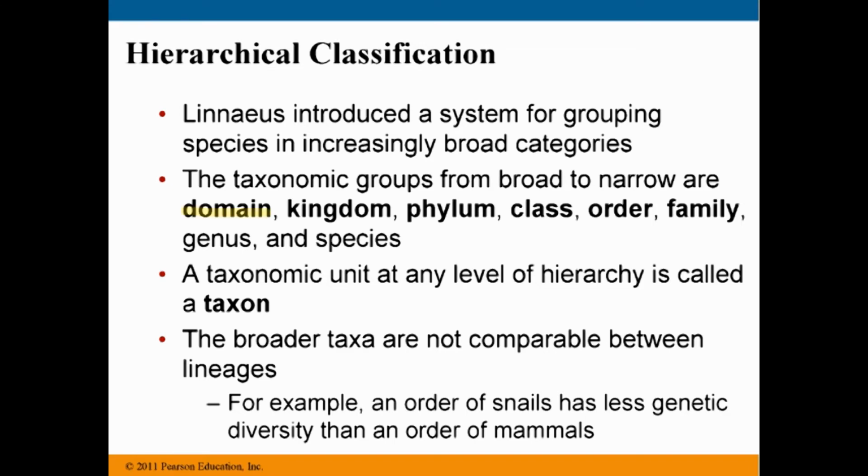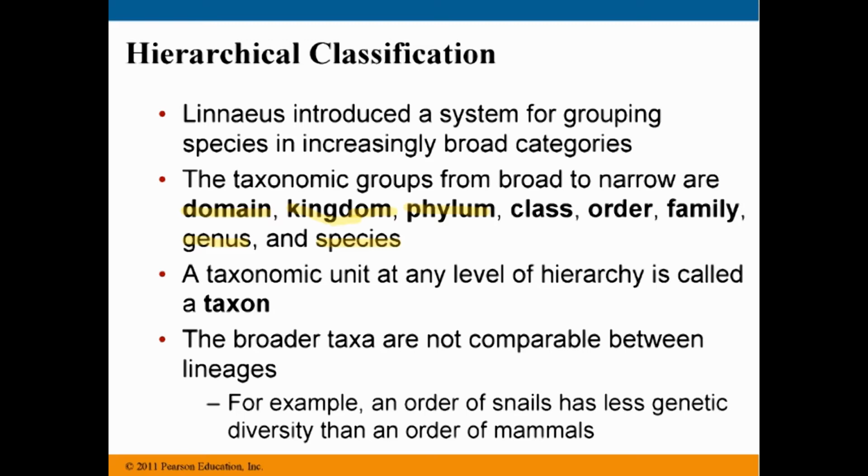Domain, kingdom, phylum, genus, and species. We will talk a little bit about class when we get to the arthropods. We won't spend a whole lot of time on class of our taxonomic groups in lecture and lab.